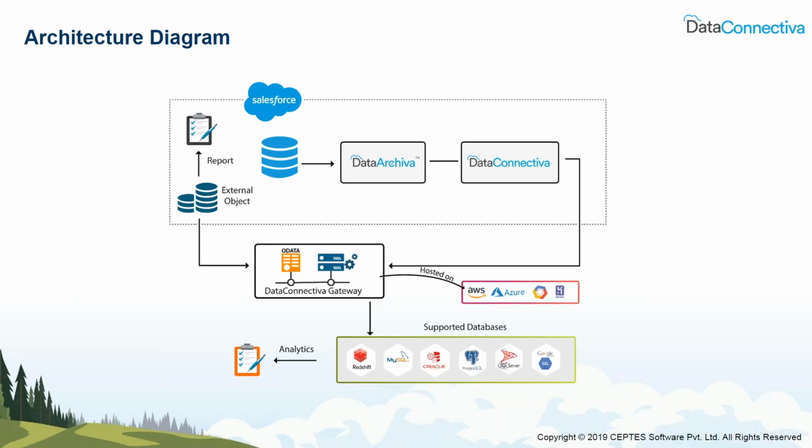I would also like to talk about the security aspects. The data that goes from Salesforce to your external storage is pretty much secured. We use an HTTPS connection between these two. In addition to that, we also support basic authentication, which means from Salesforce, you can create a named credential and mention the URL where the gateway component is running.